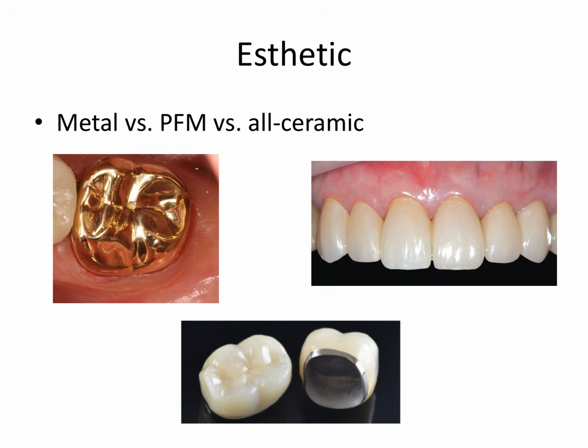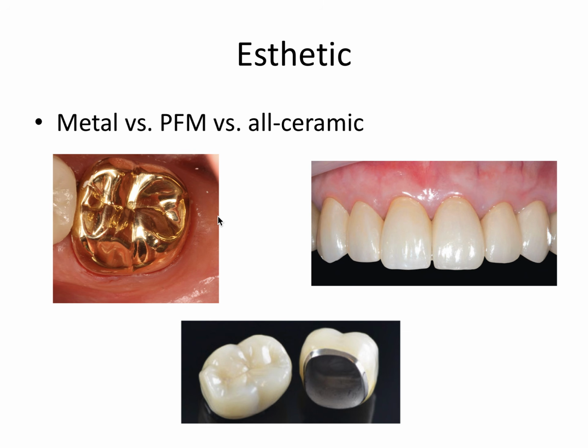All right, and the third principle is aesthetic, which is the appearance of the restoration. So we have our gold, our metal crowns, our PFM crowns, and the all ceramic crowns. And porcelain is a type of ceramic, but not all ceramics are porcelain. That's what this means.